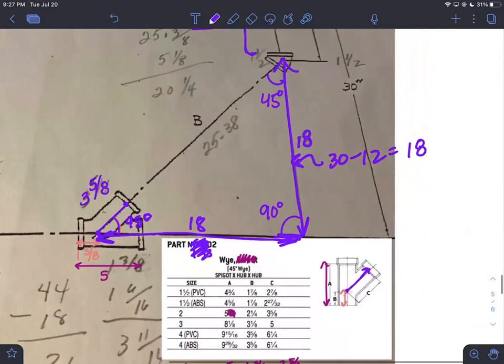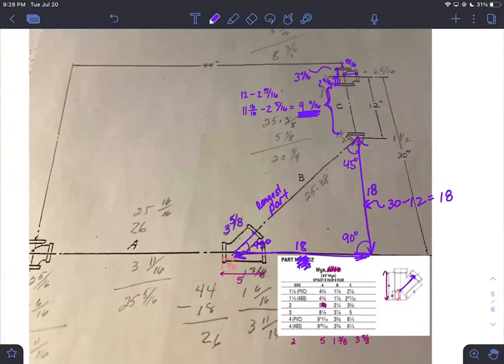Okay, so now I know that this is 18. I know this is 18. I know this is T, the longest part of the triangle. So there's two ways I can solve for this. I could say a squared plus b squared, which is 18 squared plus 18 squared square rooted.